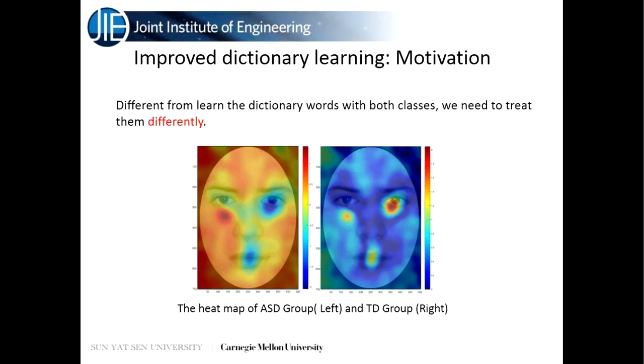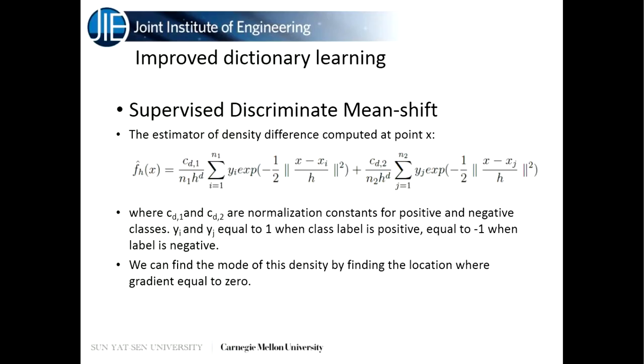But if you look at the typically developing children, you can see they look at your eyes, your mouth, your central part of the face. So for each of these areas, when you do clustering, maybe you need to consider the discriminative information. This is what we propose.